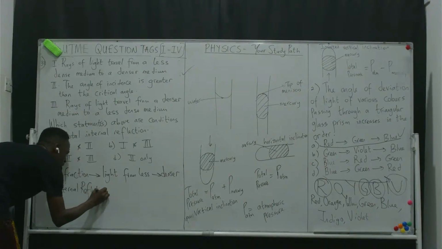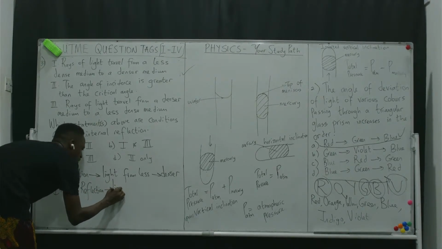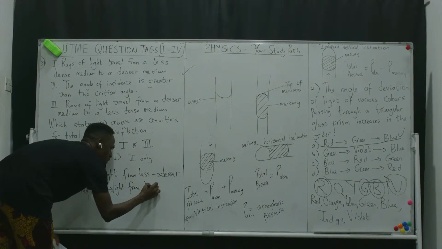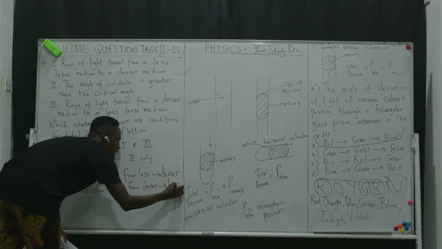Under total internal reflection, you have light moving from denser to less dense.